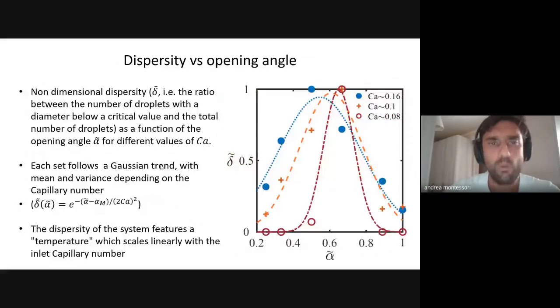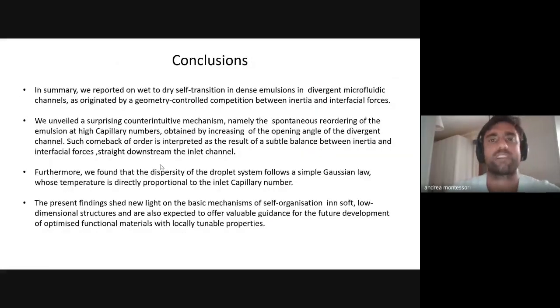Anyway, we reported on the wet to dry cell transition in dense emulsion, as originated by the geometry controlling the competition between inertia and surface tension forces. We unveiled a counterintuitive mechanism that is the spontaneous reordering of the emulsion at high capillary numbers, which is obtained by increasing the opening angle of the divergent channel.